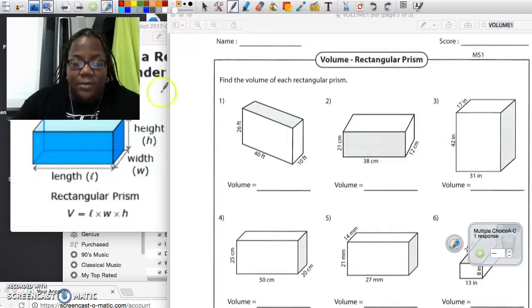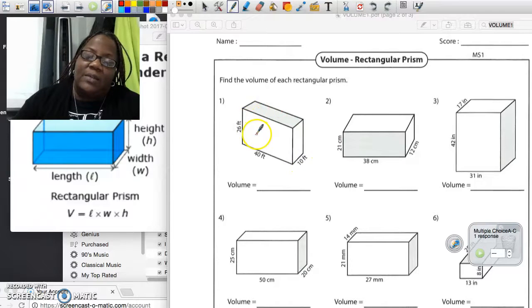Volume for a rectangular prism equals length times width times height. Because they're all multiplied with each other, it doesn't matter which is which, technically. Whichever order you multiply them in, you're going to end up with the same number.